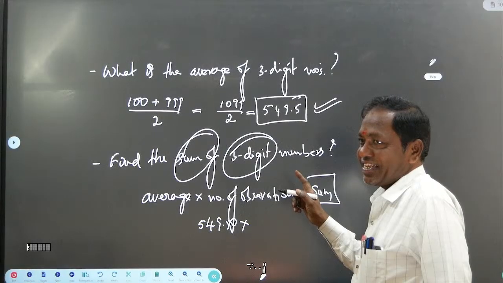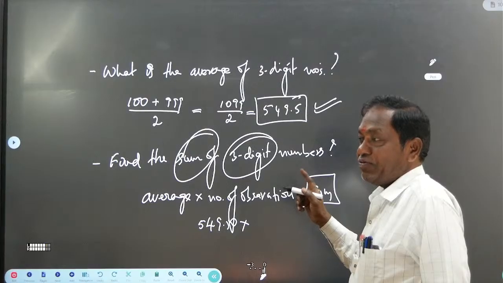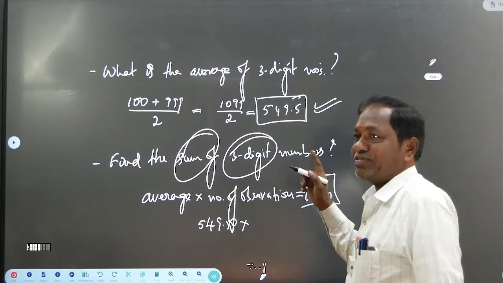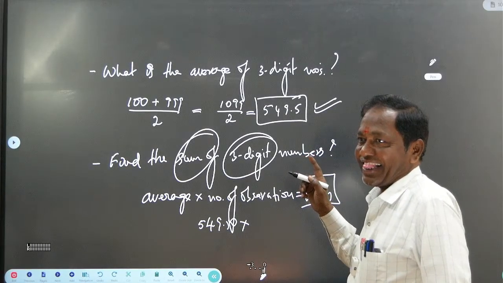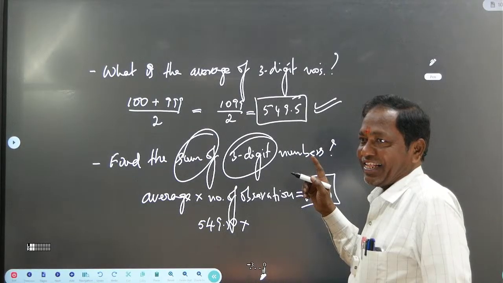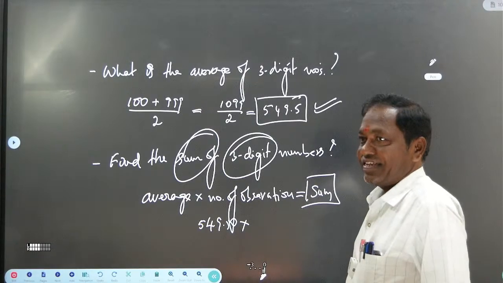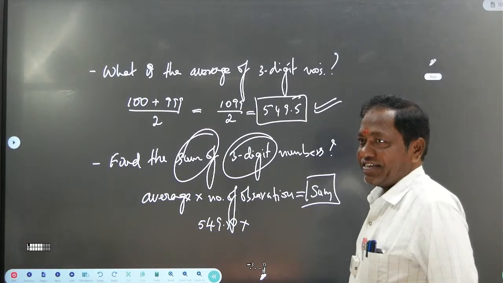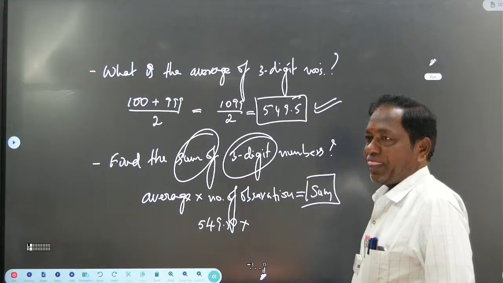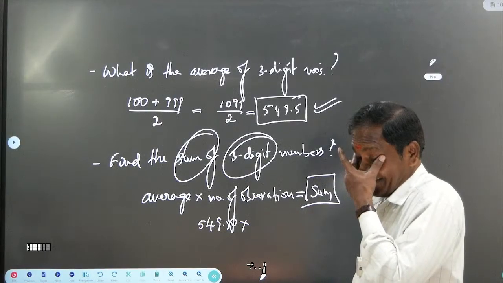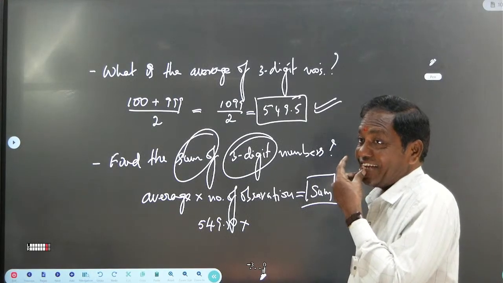Sir, when we say 101 to 1000, it starts from 1 to 1000. If we say how many numbers are there between 100 and 1000, we will say 900 numbers.